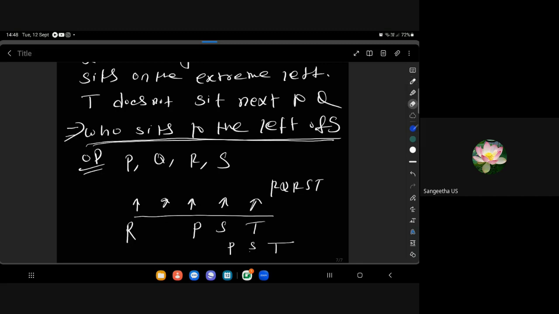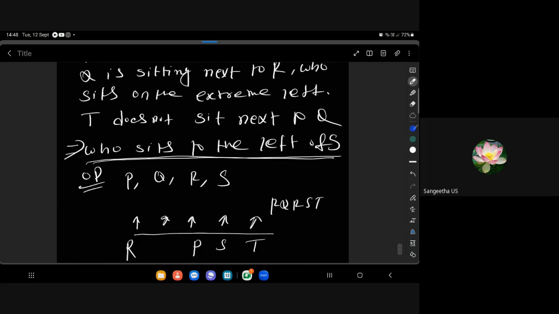Then Q is sitting next to R. T doesn't sit next to Q. See, T is not sitting next to Q. Understood? The information is matching with our diagram.